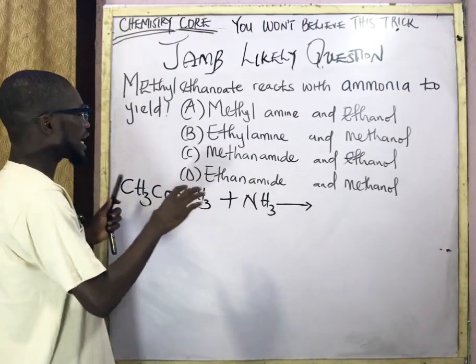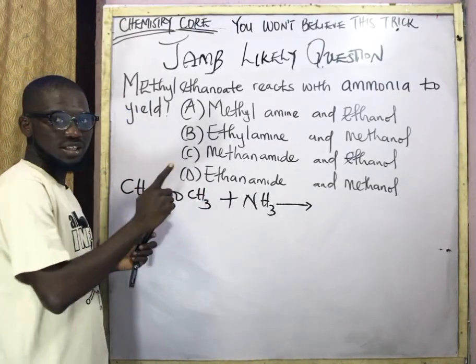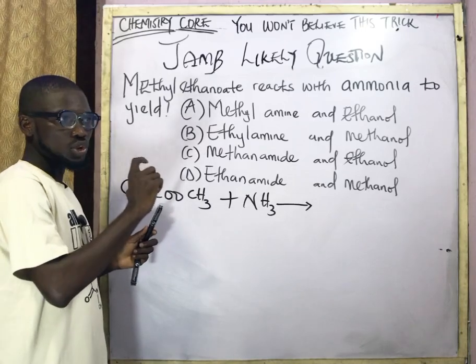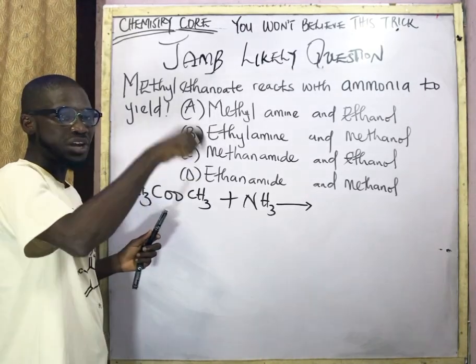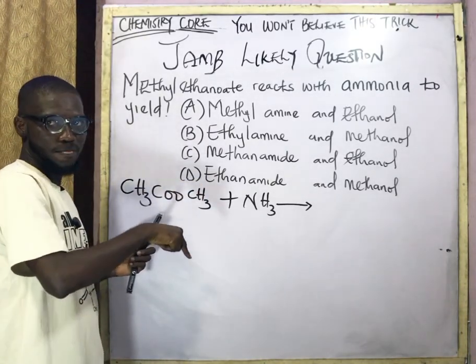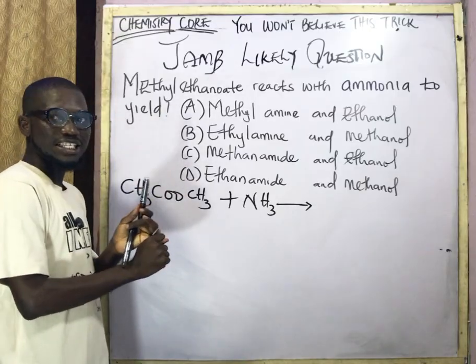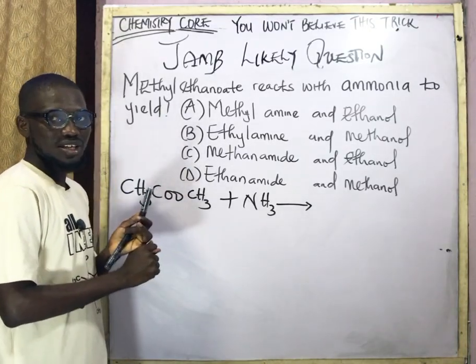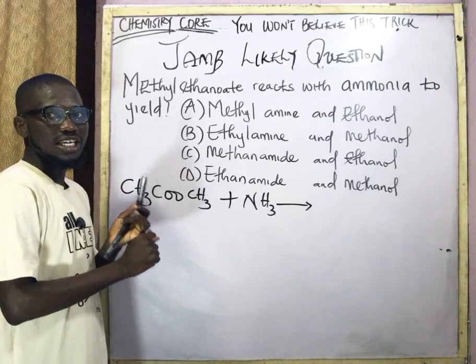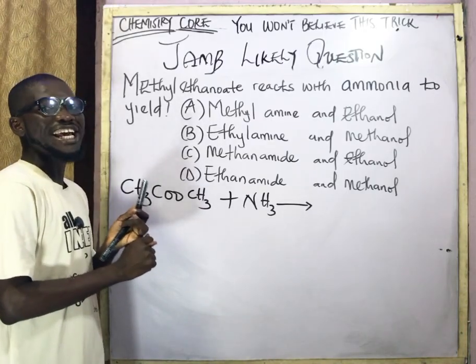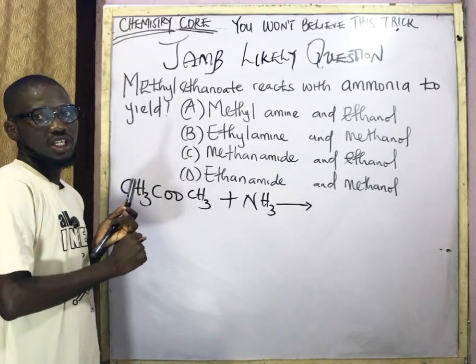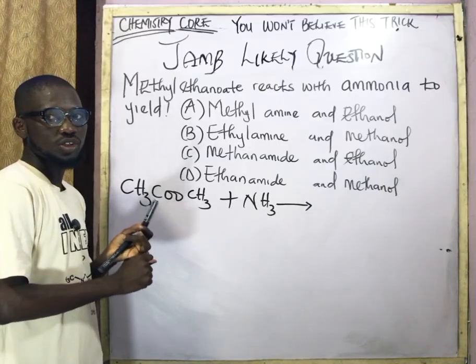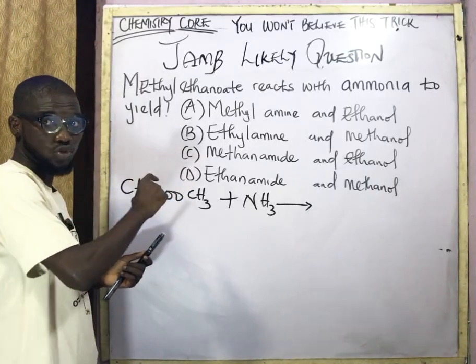So this kind of equation, as a student, you need to be able to know the kind of reaction involved there. As we have said earlier, it is ammonolysis of esters, but we can as well say nucleophilic acyl substitution. So that nucleophilic acyl substitution, we are going to show it here as well.